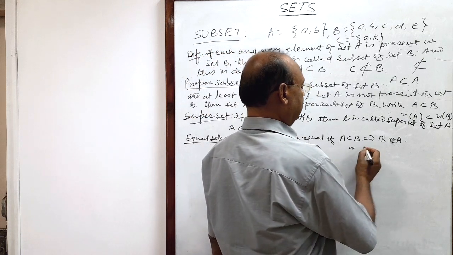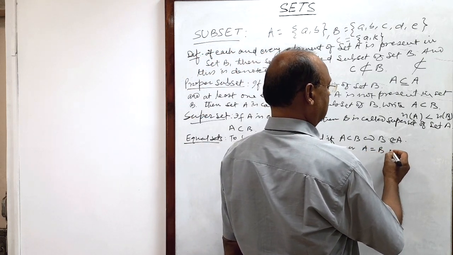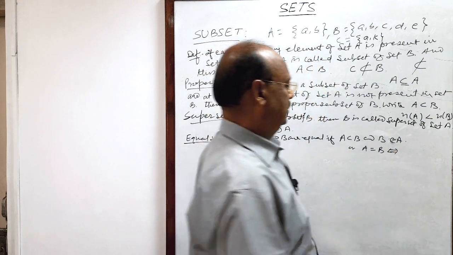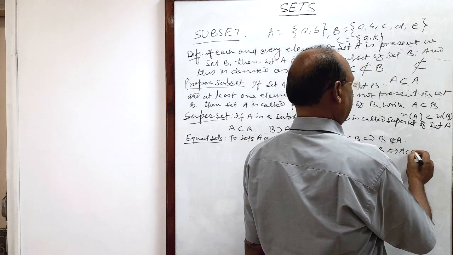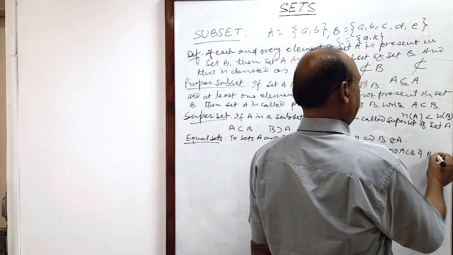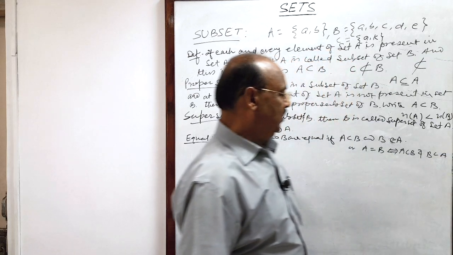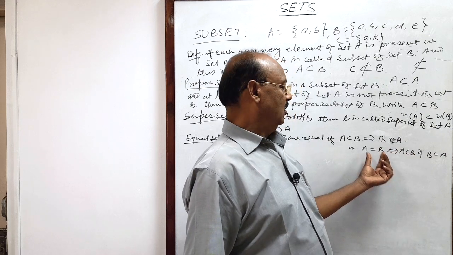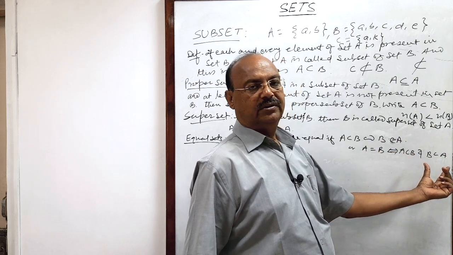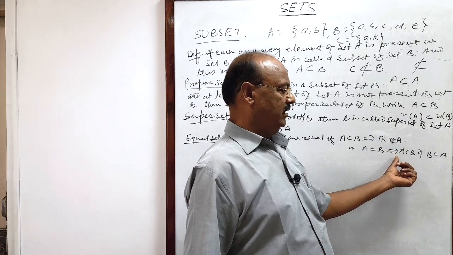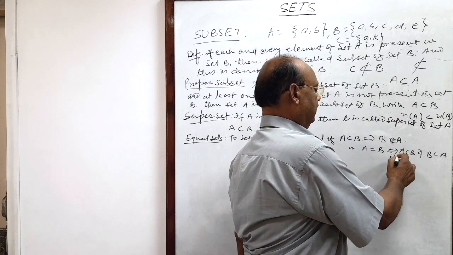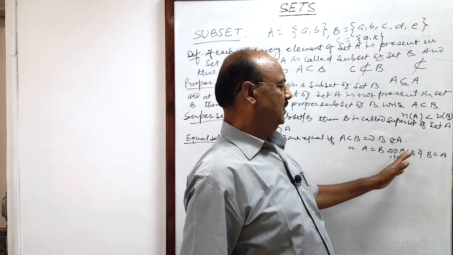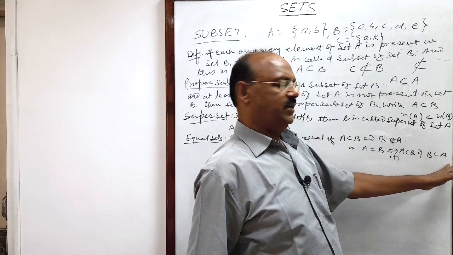You can understand that A is equal to B, with an arrow in both directions, if A is a subset of B and B is a subset of A. Means if this is holding, this will hold, or if this is holding, this will hold. That's why I am writing both directions, meaning if and only if. So A is equal to B if A is a subset of B and B is a subset of A.